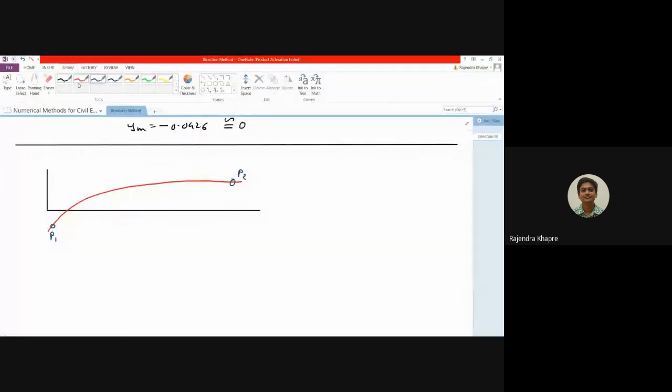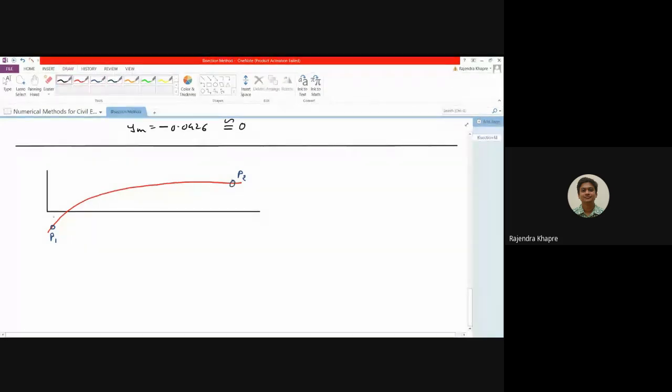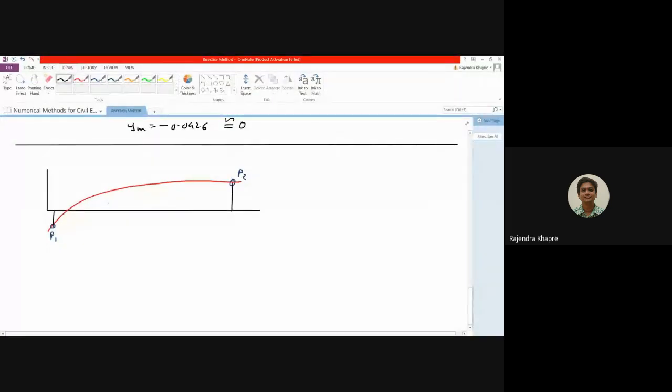Okay, then what is going to happen? So if you choose this, you are going to end up with, let us say, this is your this axis and this is your this axis. Okay, so in this particular case, the second point, that is p2, you have chosen very far from the actual root, because you don't know the root, so you have to start with some random assumptions.